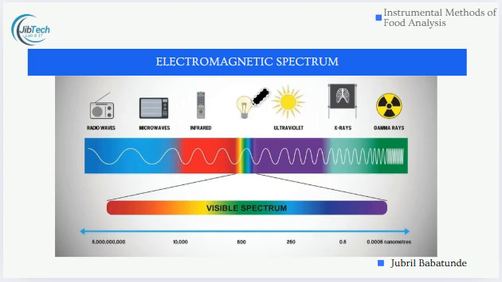So it doesn't mean the whole of EMR falls under visible. No, we have a whole lot of them, as you can see here, but it's easier for you to understand when we talk about things we can see. And so this is the visible region, and it ranges between 400 to 700 nanometer. All right. So in this region is where human eyes are able to see.